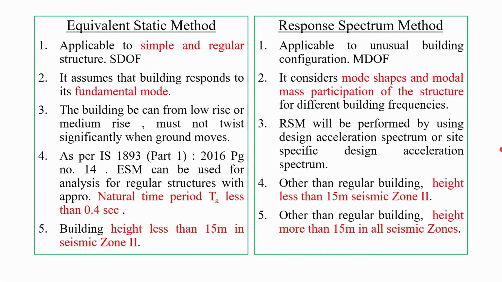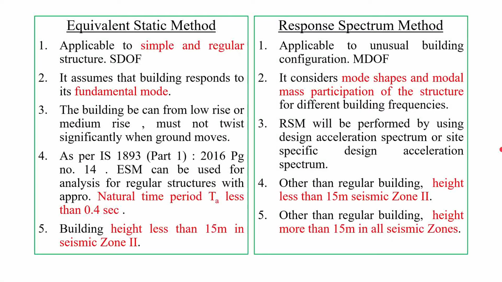The code also provides that the building must not twist significantly when the ground moves, so the torsional effect is not considered here. And as per IS 1893 part 1, page number 14, the equivalent static method can be used for regular structures with approximate time period less than 0.4 seconds.